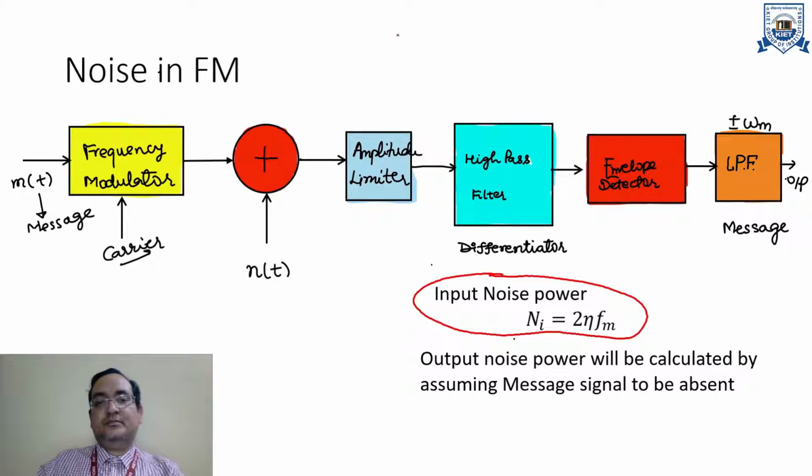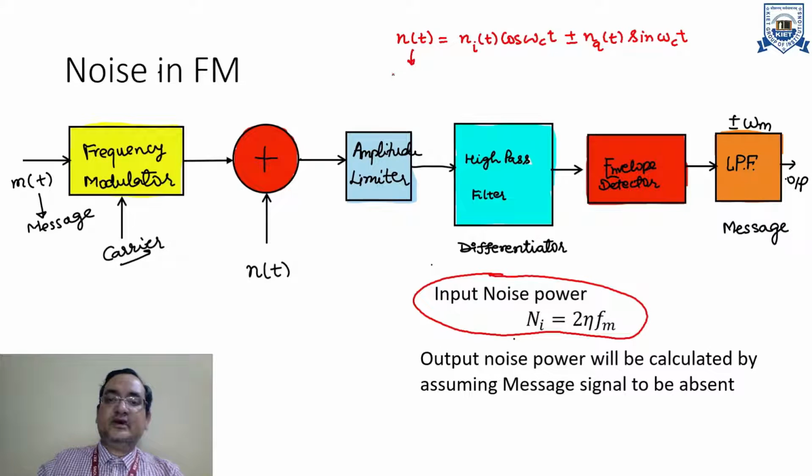I've already told you the noise is, let us suppose, an in-phase component i(t) cos of omega c t, plus or minus, you can take either one, q(t) sine of omega c t, right? Its power after the band pass filtration is 2 eta fm. So its power is this one.